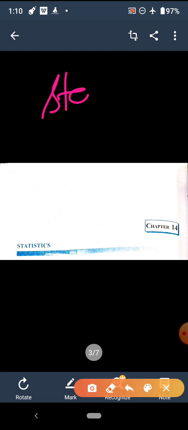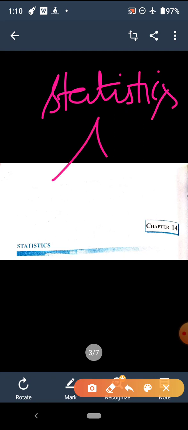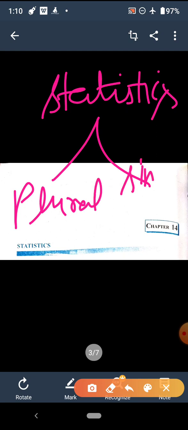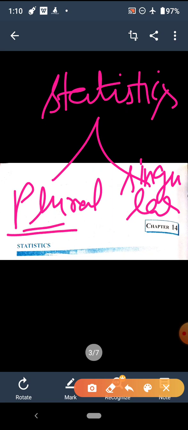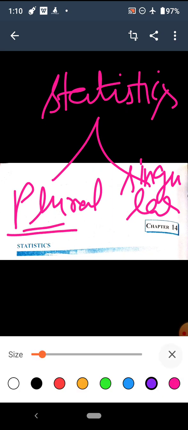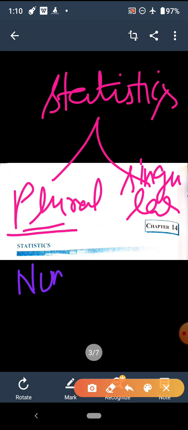Now let us understand statistics in two senses. We study statistics in two senses. The first is the plural sense, and the second is the singular sense. In the plural sense, statistics means numerical data.